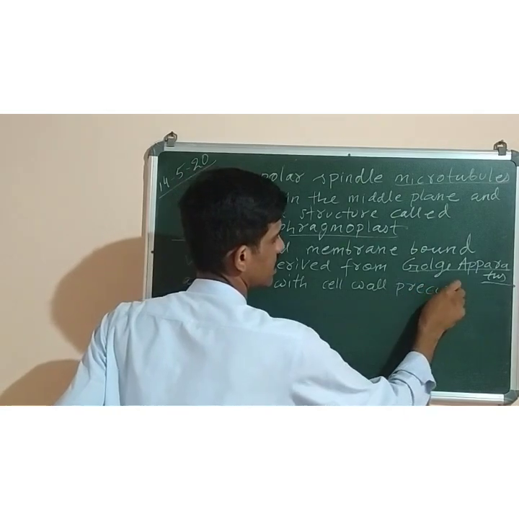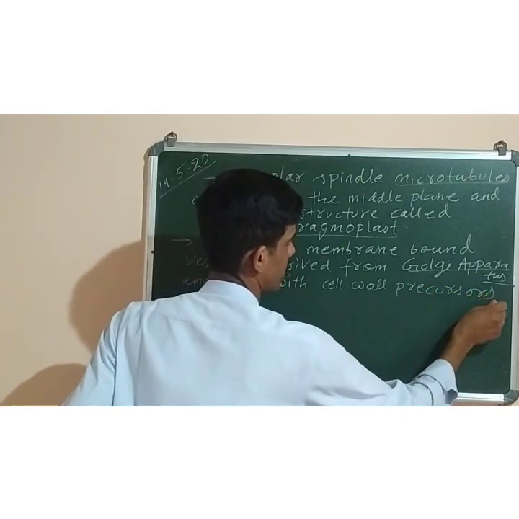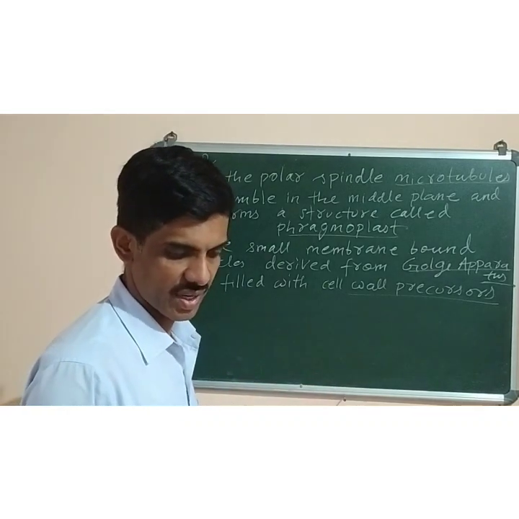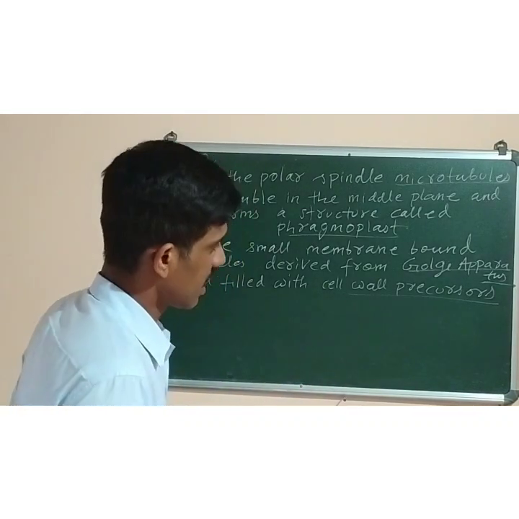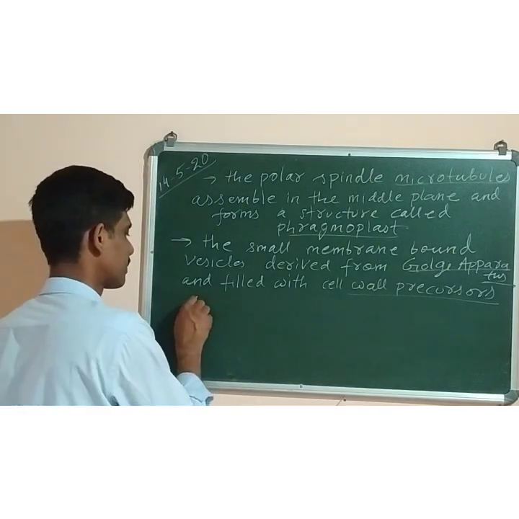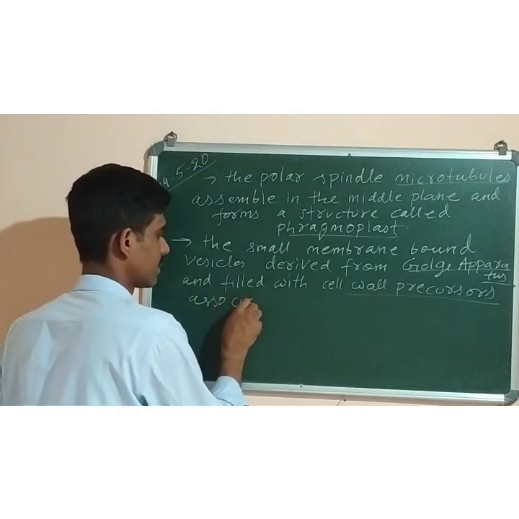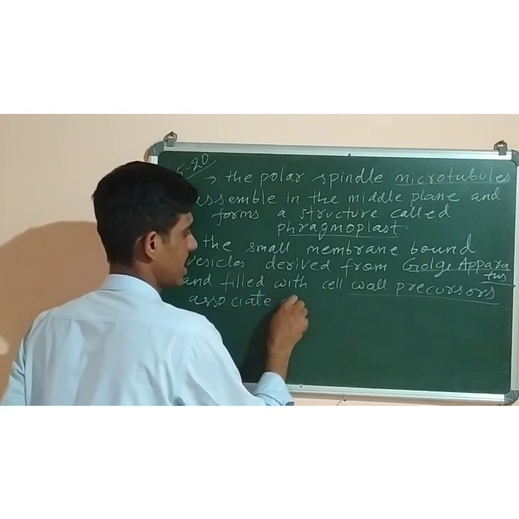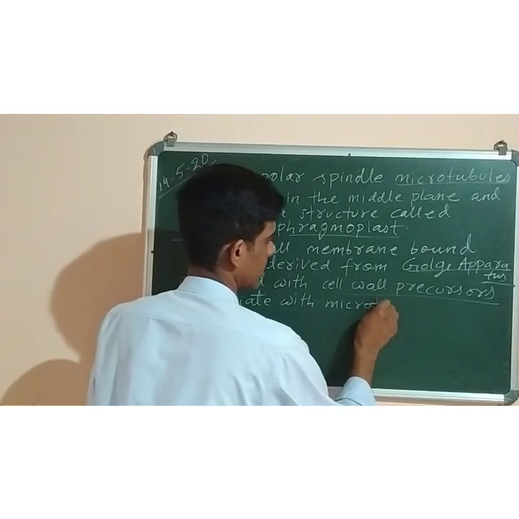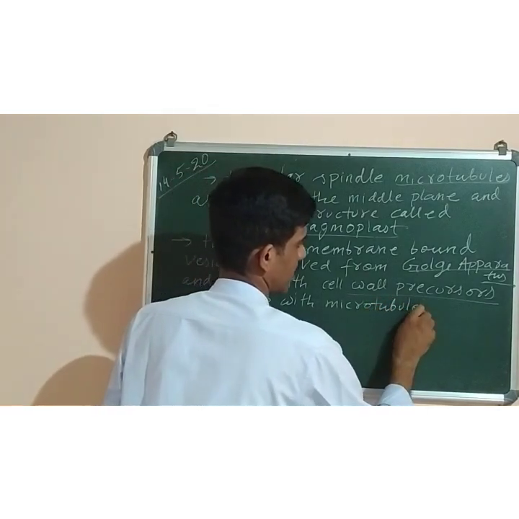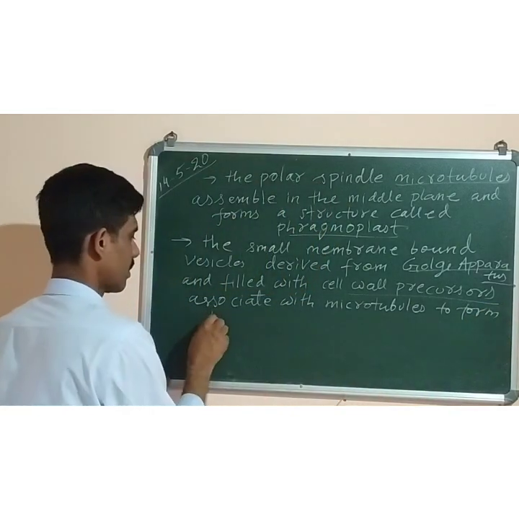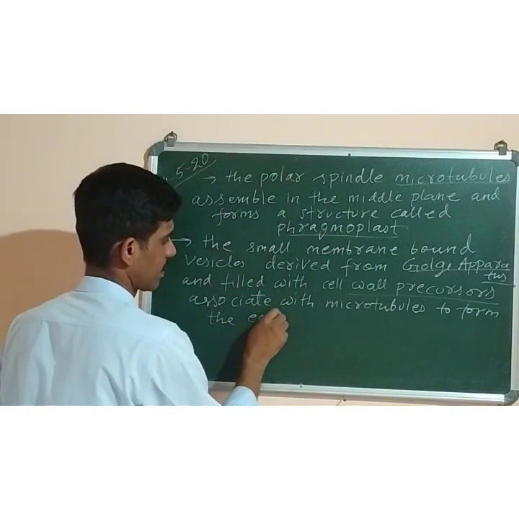Cell wall precursors means the one which results in the formation of cell plate or cell wall. They associate, means they will combine with the microtubules, to form the early cell plate.